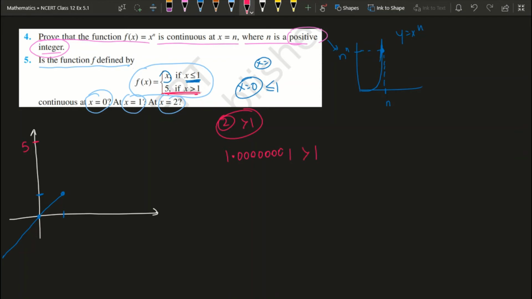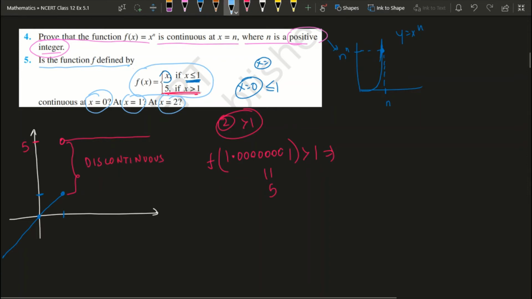So f of 1.00000001 is also equal to 5. So for any values of x greater than 1, the function has the value 5. And so you can clearly see that there is a break within the graph, and the graph is discontinuous.